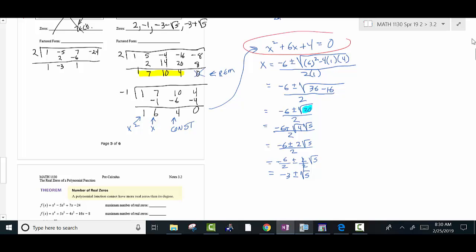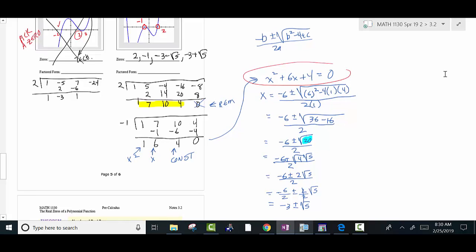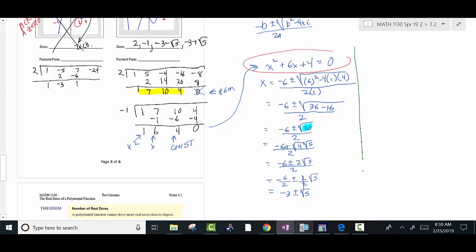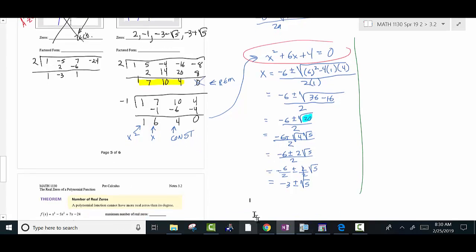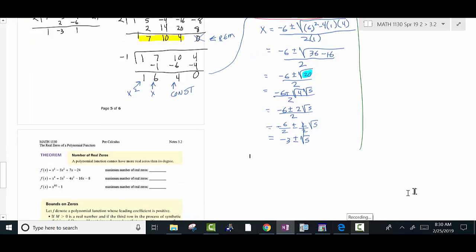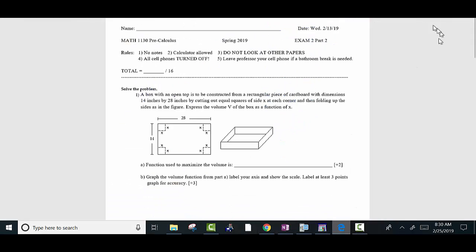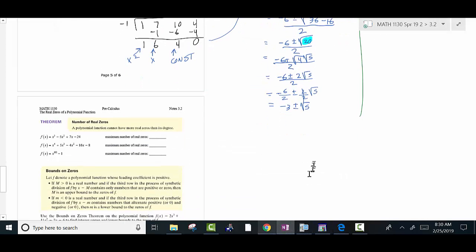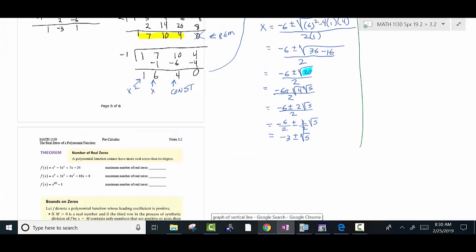Now, the other thing I want to do on this is put this in factored form and show you how that goes. We have these zeros, and I'm going to slide this over to the side here. On the factored form, I'll show you how to write the answer.